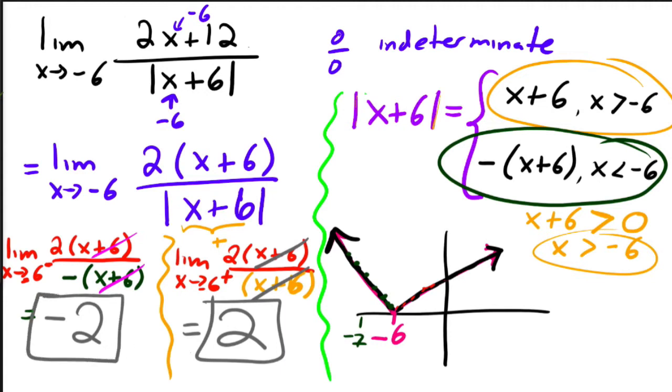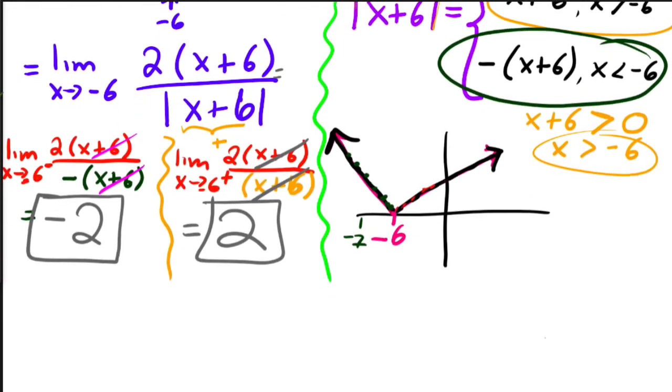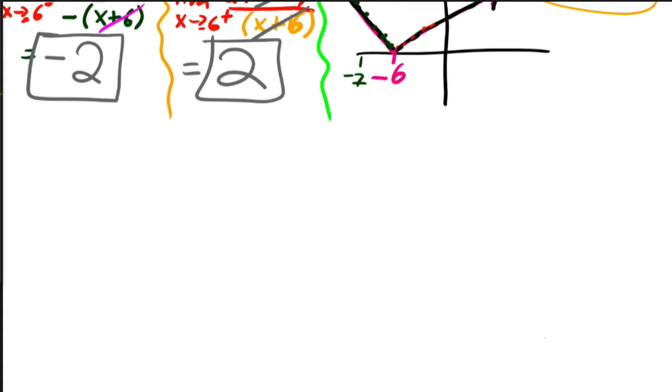So because it's different coming from both sides, you say that this limit, this one right here, does not exist. And if you actually graph this guy, let me just draw you guys a picture.